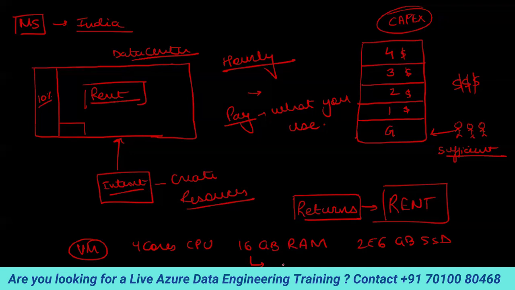The rent for this machine is around, I'll tell you in INR, 16 to 18 rupees, depending on various factors. And I'm talking about a Windows machine where you have to pay for the Windows license also. So just by paying 16 to 18 rupees an hour, you are getting access to a machine.